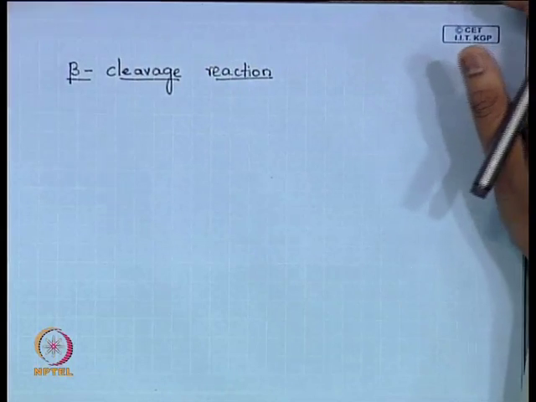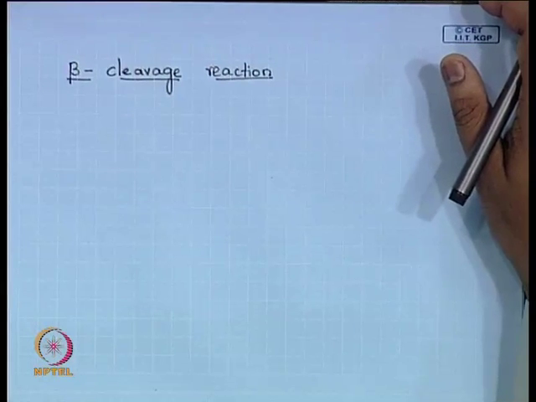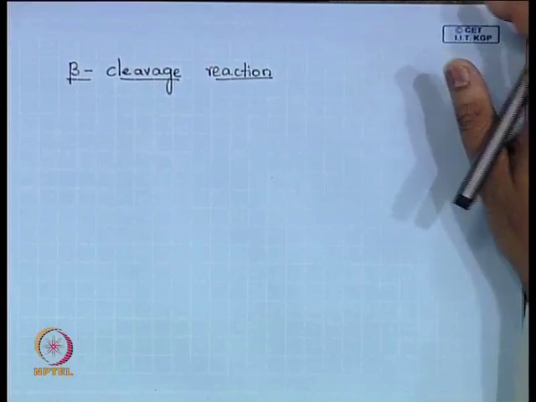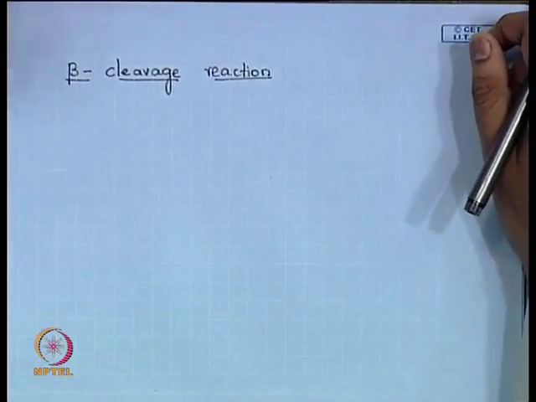As we have in the case of carbonyl compounds, if you have a carbonyl compound in which your C alpha and C beta bond are weak, that type of carbonyl system can undergo a beta cleavage reaction.